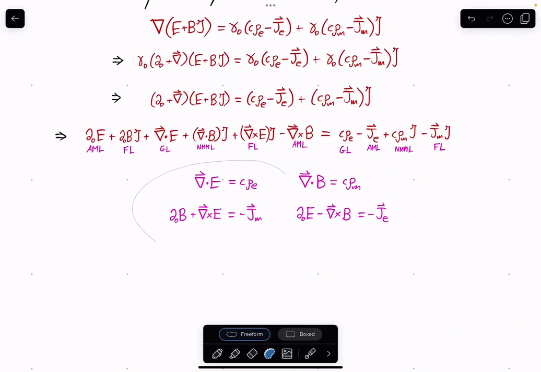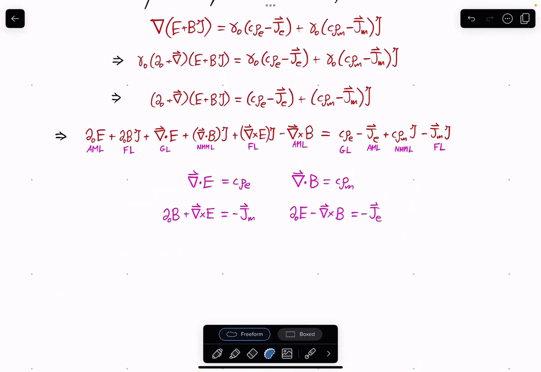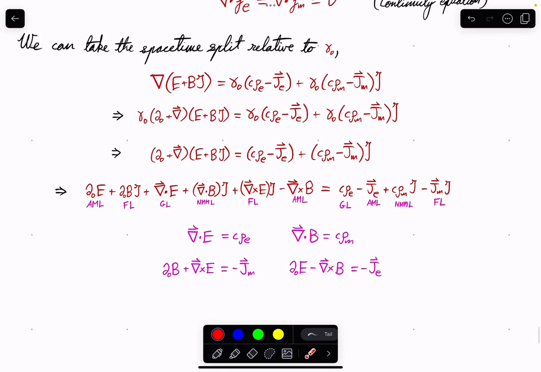So you get Maxwell's four equations from this when you put it in a space-time split, relative to this direction, of course.